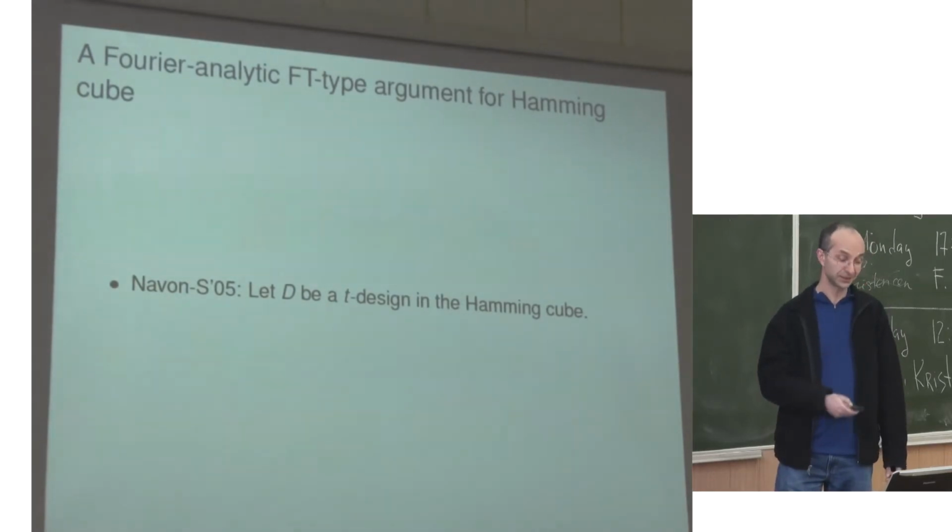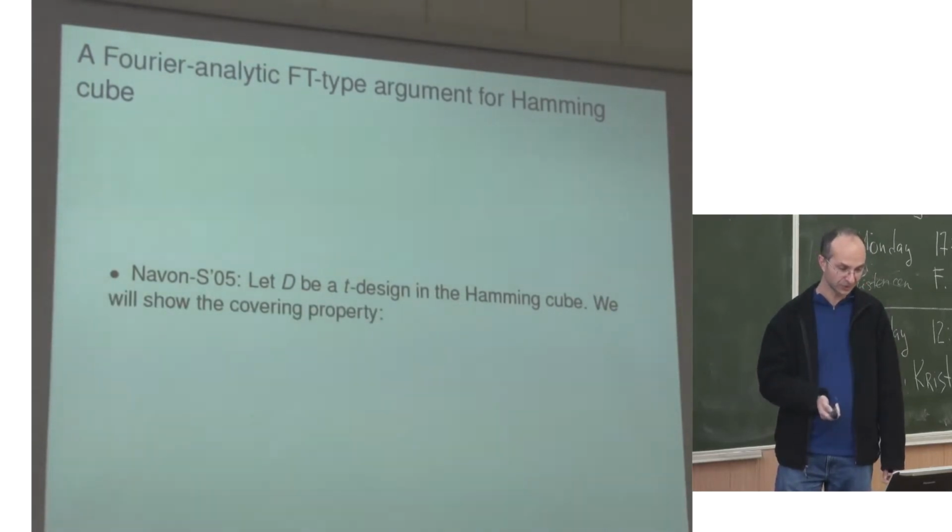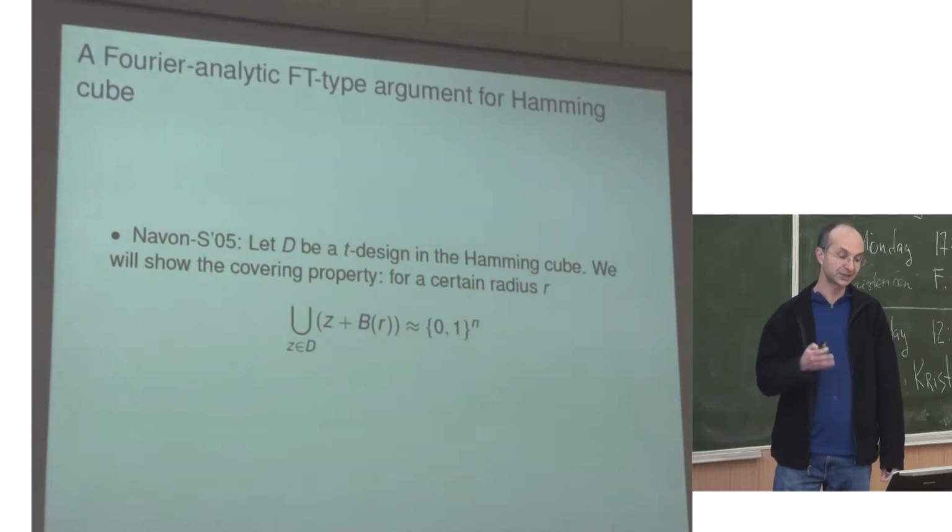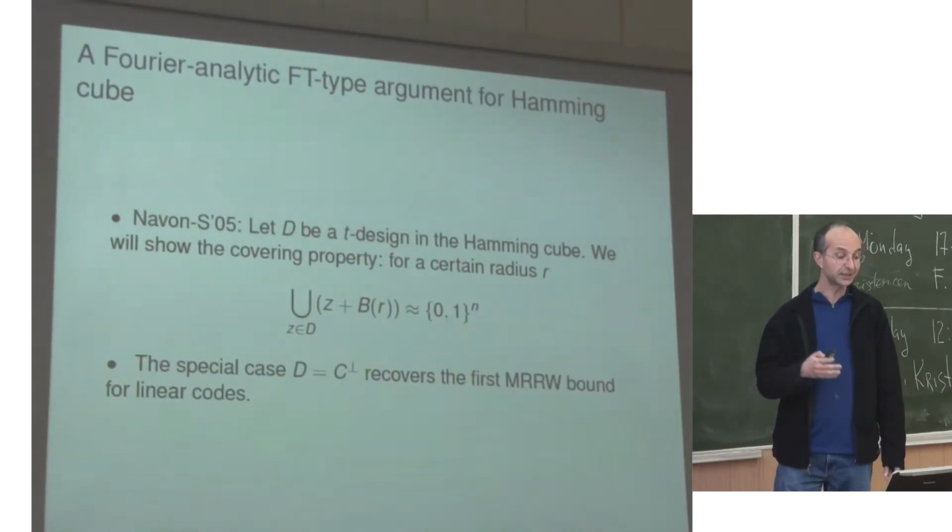We'll have a T-design. We'll show this kind of property that for a certain radius, if you take balls of radius r around the points of the design, you get all this. This is what we want. And recall that if the design is linear, there is a dual space that is a linear code. So if you take the dual linear design, you get the first Marlowe bound for linear codes.